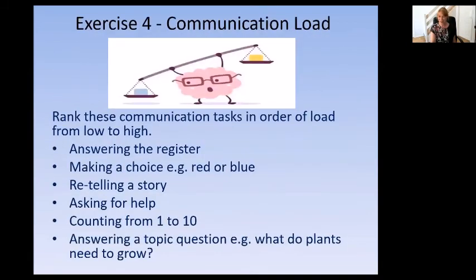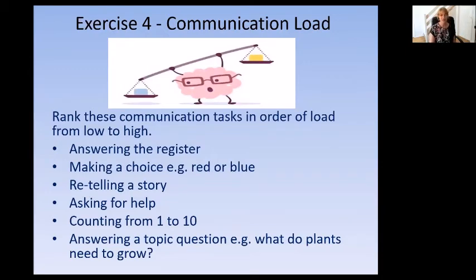Oh, there is another exercise. I think this is the last one, so you will need pen and paper again. And it's about the communication load on children. So there's lots of activities that we do in schools, and some of them will require quite a high communication load on what's expected of the child, and some will be a lower communication load.